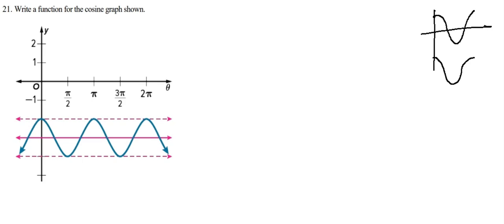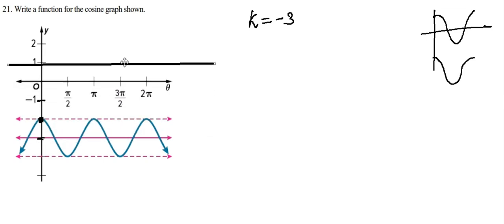Now if you see this graph, it is starting from here, right? So the middle line is here. The middle line is at minus 1, minus 2, minus 3. So the value of k is minus 3, 3 units down. Your x-axis is shifted 3 units down.